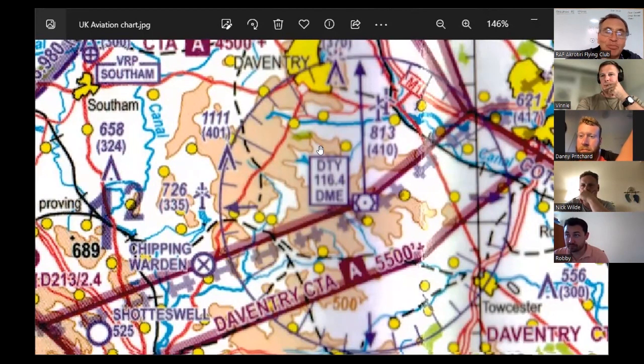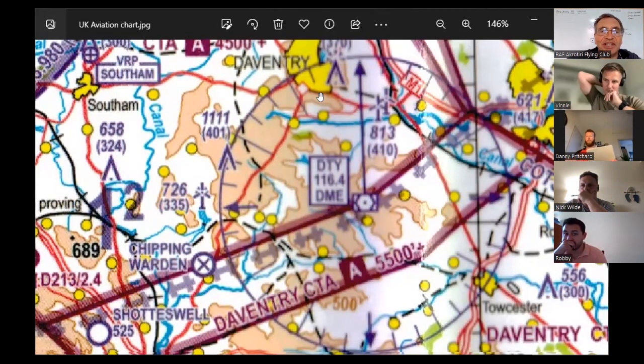Now the reason it's got a compass rose around it is because unlike the NDB, which just has a needle pointing to it, on a VOR we can actually select a certain position on this compass rose. I'm going to discuss this a lot more later on in the course, but at the moment I'm just pointing out where these are. So once again, this is the frequency it transmits on.